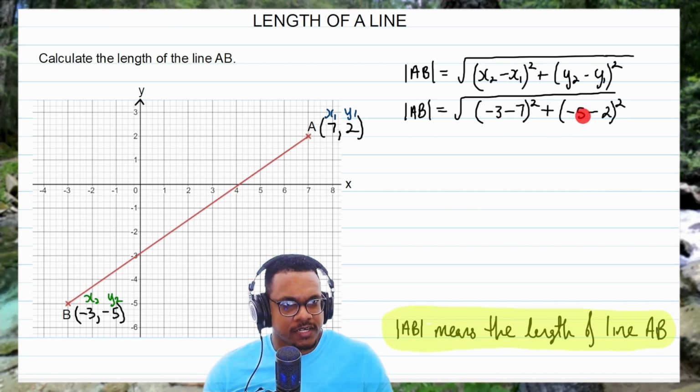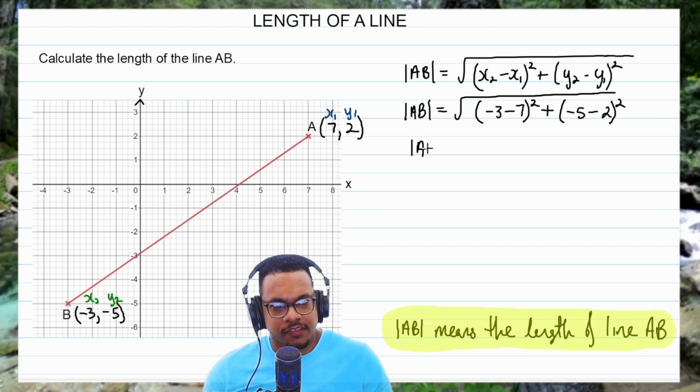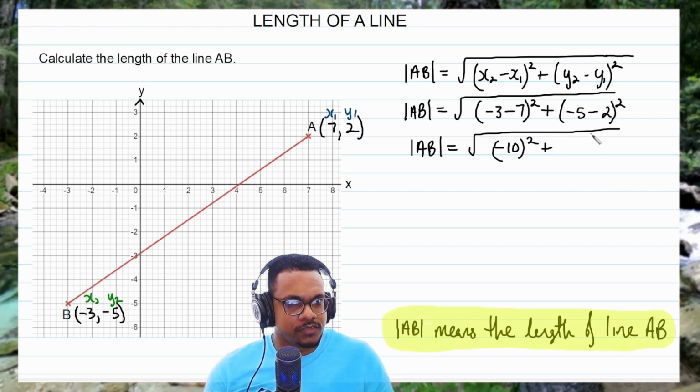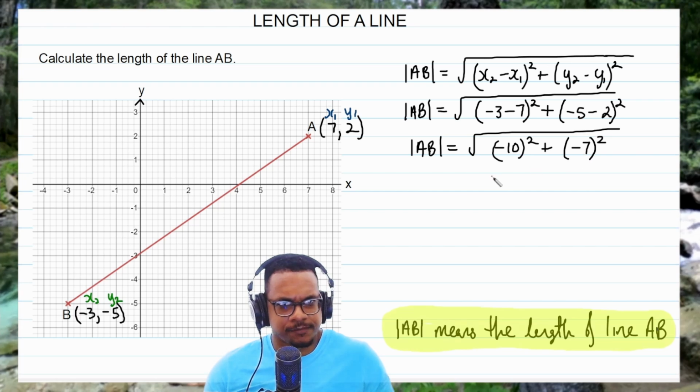Now I'll work out these brackets first. -3 take away 7 will give you -10, so I'll have (-10) squared, plus -5 take away 2, which gives you -7, so (-7) squared. When you square -10 we get +100, and when we square -7, we get +49.